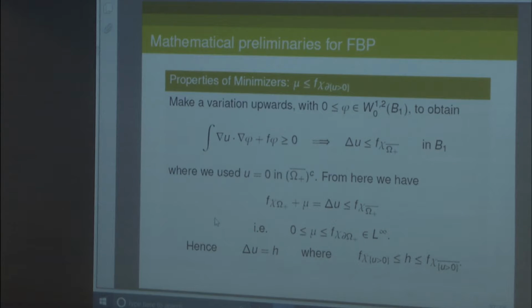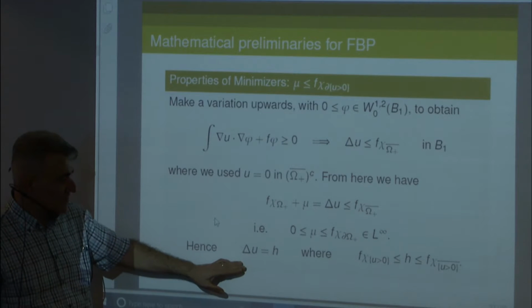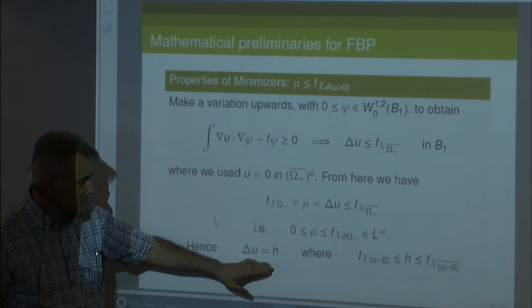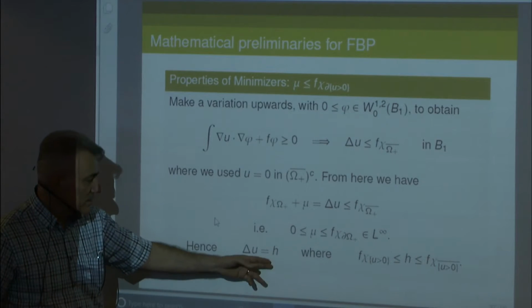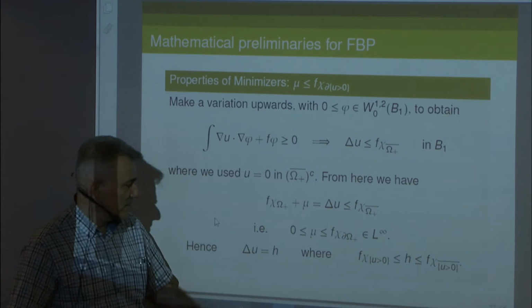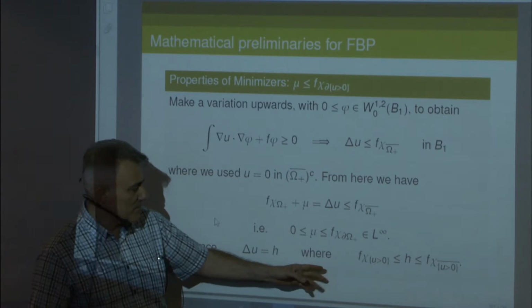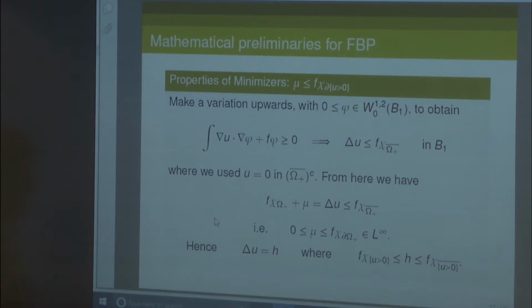So what we have is that Laplacian of u equals h. This guy here, I call it h. And h is between these two guys, and they're both bounded.